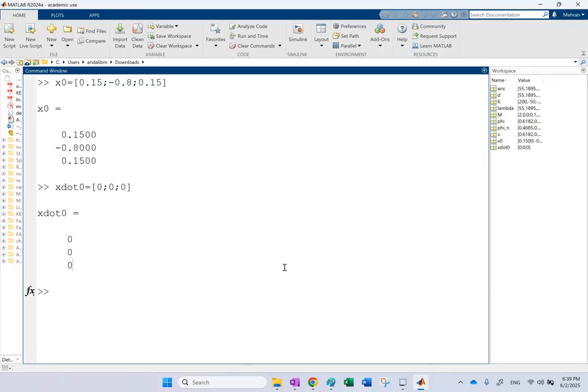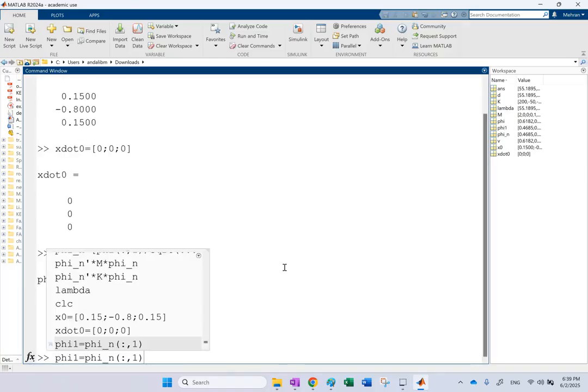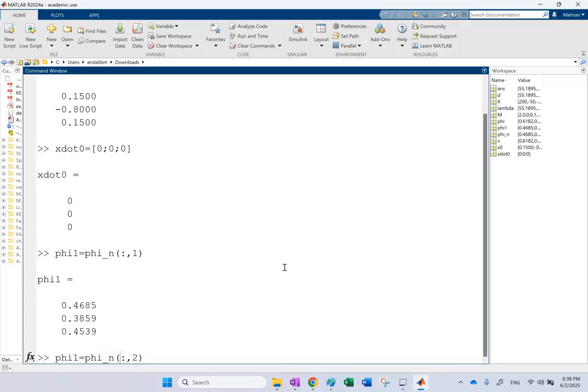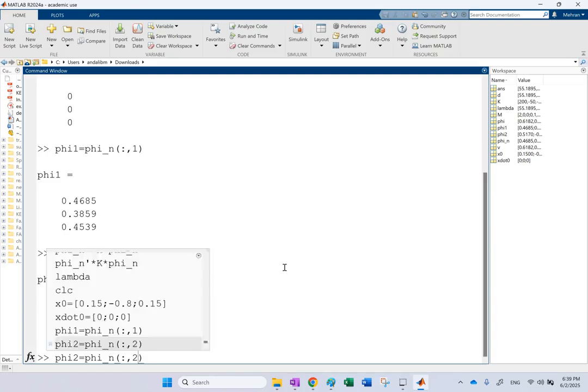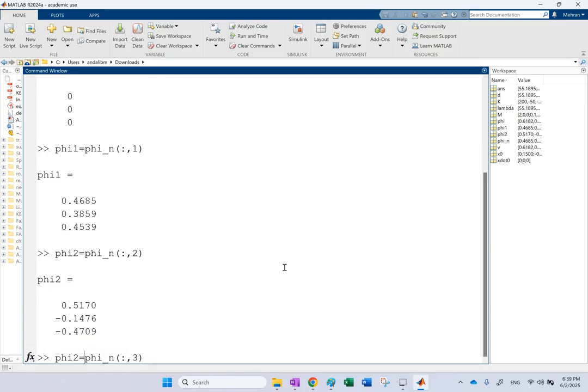So those phi's are the columns of this new phi n. For instance, phi 1 is the first column of this matrix. The second column of that is phi 2. And the third column of that is phi 3.